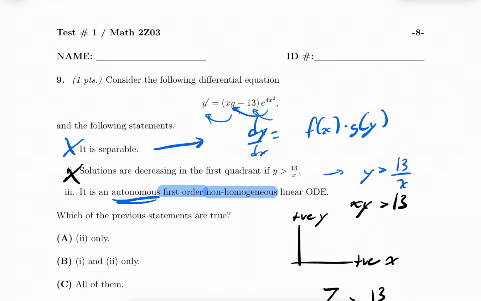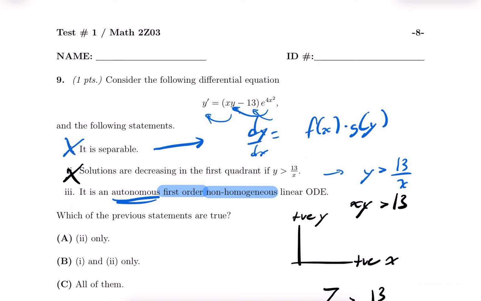Now, if we're talking about what's autonomous and what's not, we have to be careful of how we're defining it. If you search it up, I know for a fact that autonomous has to be something you can get in normal form. Autonomous differential equation.